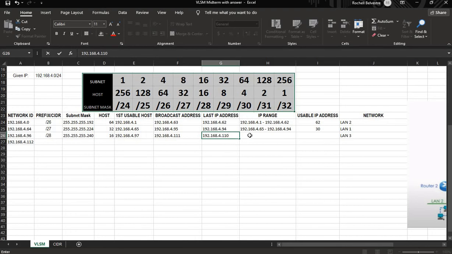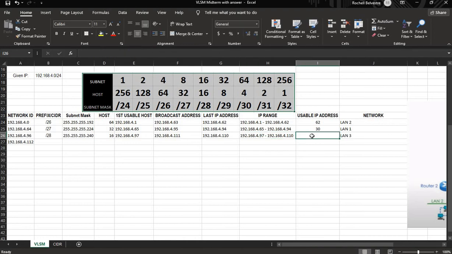The IP range is, of course, 192.168.4.97, the first usable host or IP address, to 192.168.4.110, the last IP address.